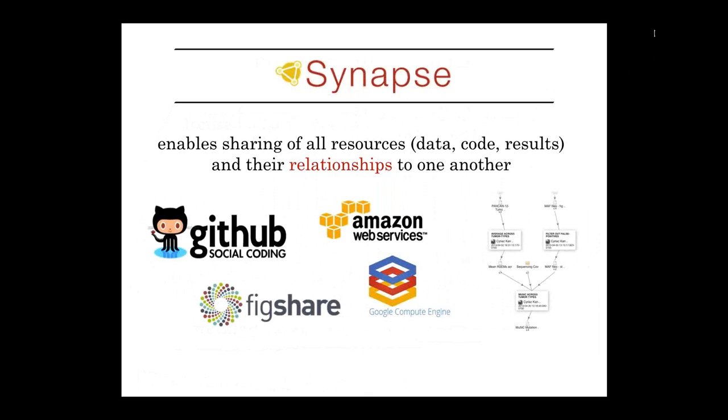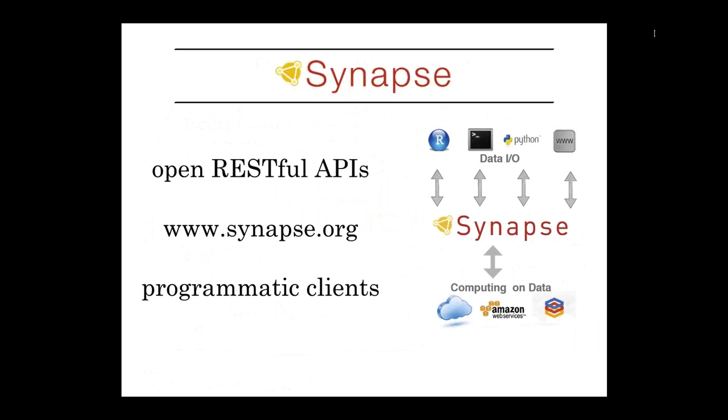We use it internally at Sage for most of our code development. Amazon Web Services provides great cloud computing, as does Google Compute. We leverage a lot of those compute resources. So all of the tools that we provide through Synapse really can still leverage all of these great tools. And what we do is help co-locate them and describe their relationships to one another.